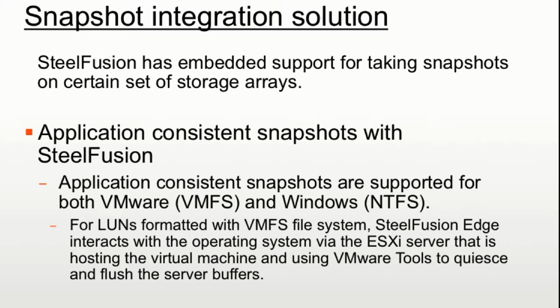Application consistent snapshots are supported for both VMware and Windows NTFS. For the LUNs which are formatted with VMFS file system, SteelFusion Edge interacts with the operating system via the ESXi server that is hosting the virtual machines and uses VMware tools to quiesce and flush the server buffers.